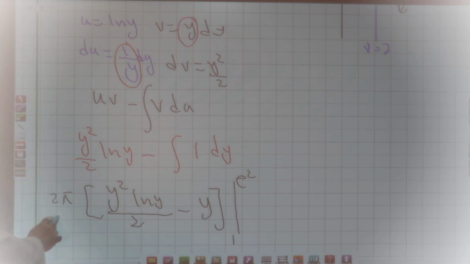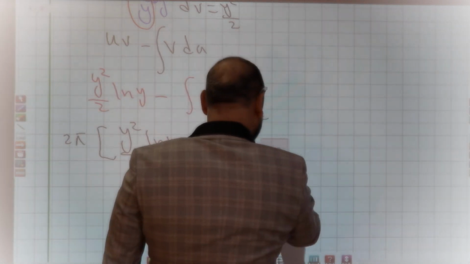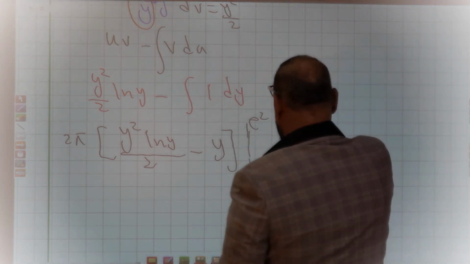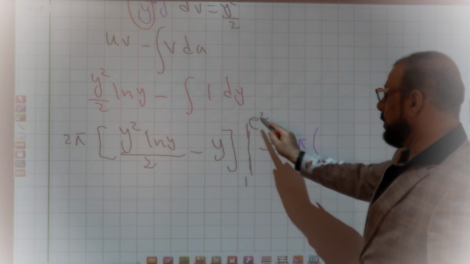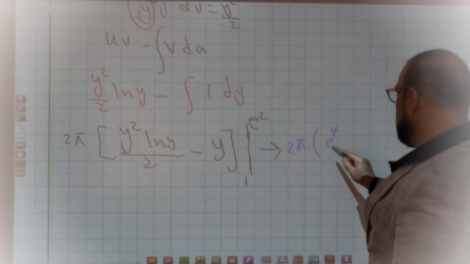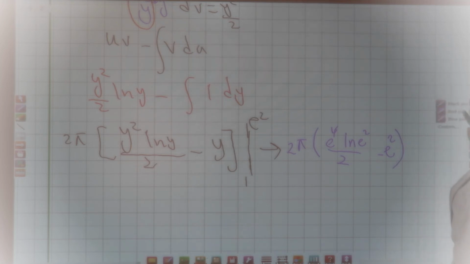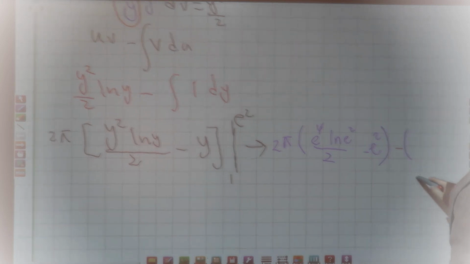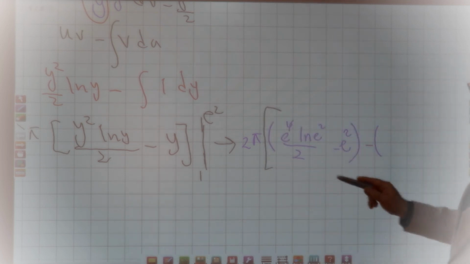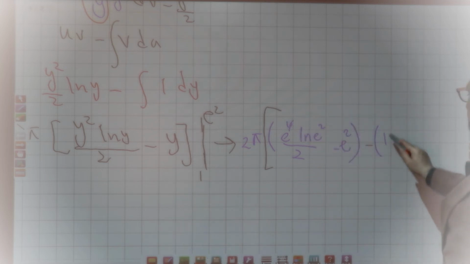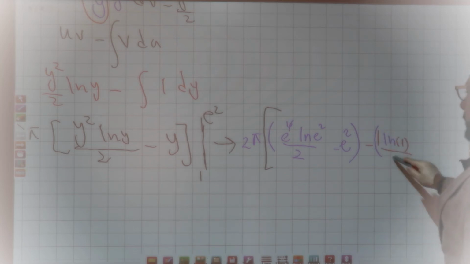Okay. 2 pi. Plug in e squared: e squared squared is e to the 4, times ln e squared over 2, minus e squared, minus, plug in the 1: 1 times ln 1 over 2 minus 1.